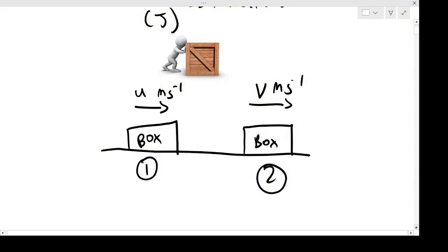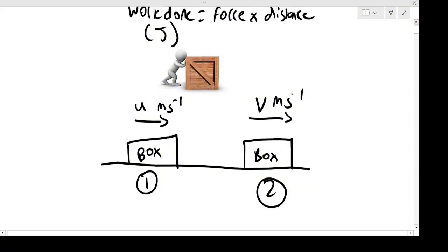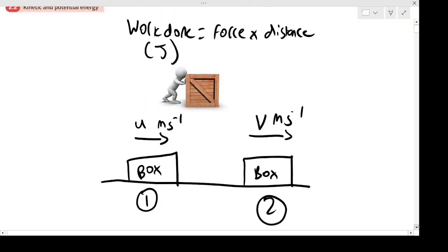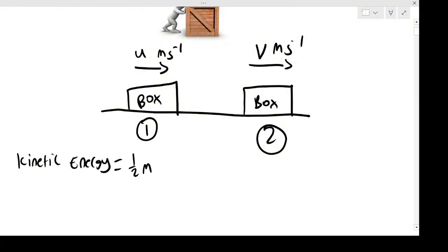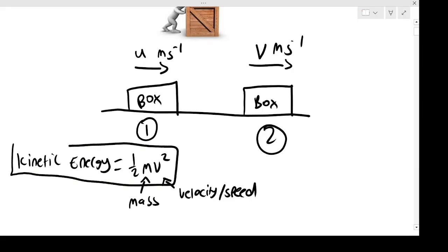Okay, so the kinetic energy. In general, kinetic energy is calculated by this formula here. Kinetic energy, which you might be familiar with from GCSE physics, is a half mv squared, where m is the mass and v is the velocity or the speed. So that is the formula I will be using here.